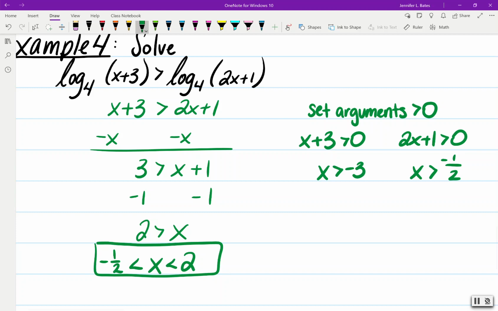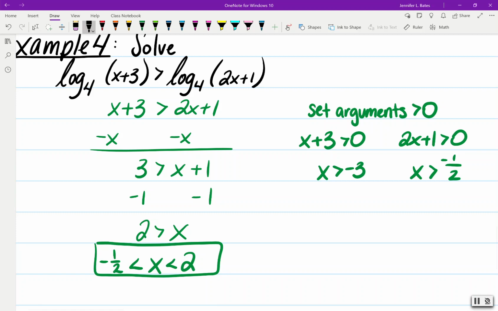Automatically, any number bigger than negative 1/2 is also bigger than negative 3, but a number that's bigger than negative 3 isn't necessarily bigger than negative 1/2. So the short answer is just choose the bigger number.